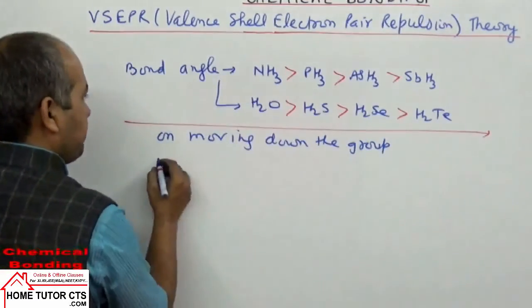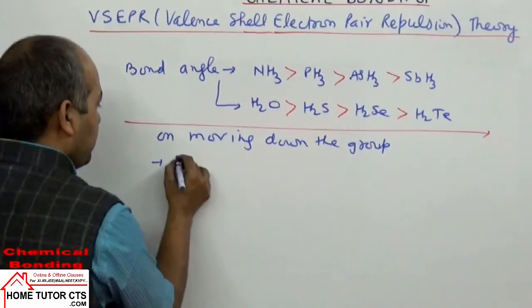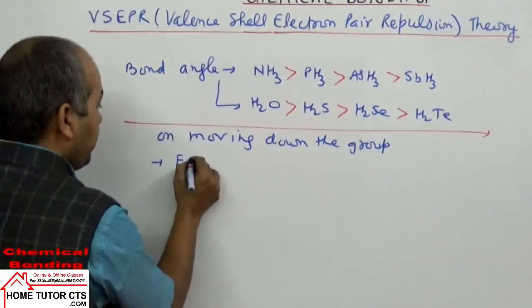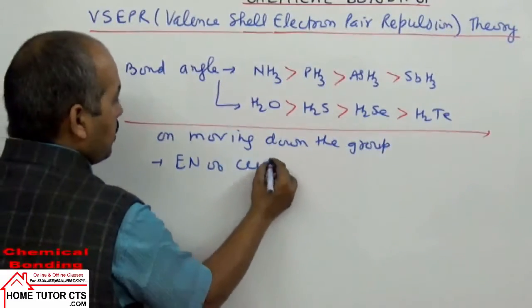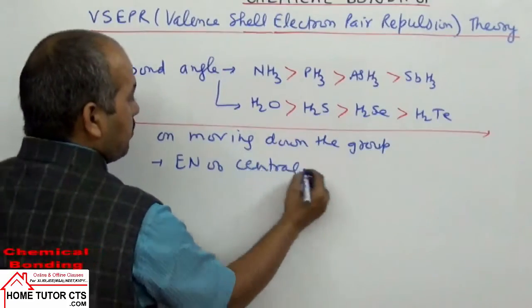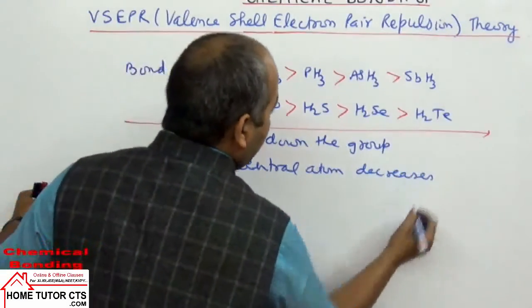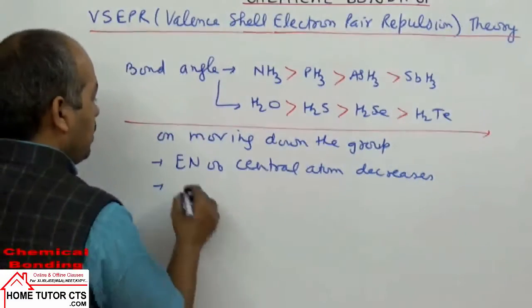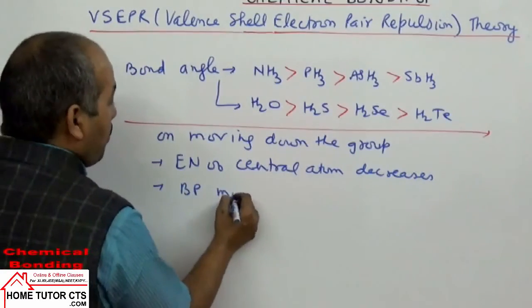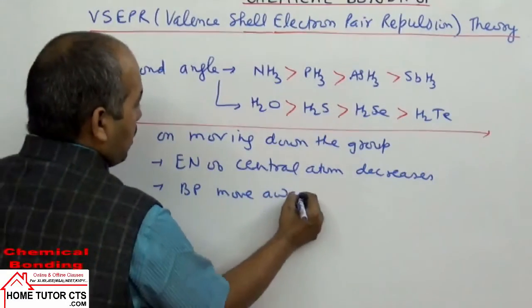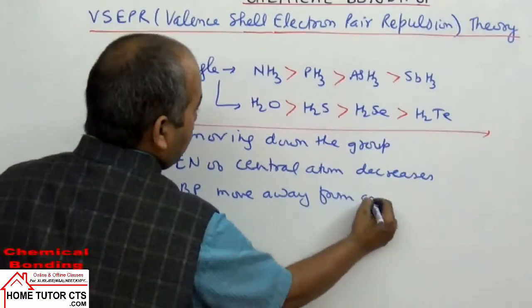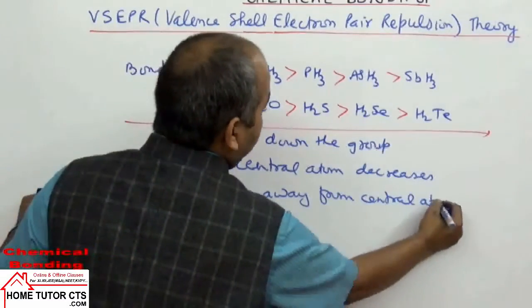Bond angles, see, the electronegativity of the central atom decreases. So what happens then? The bond pairs move away from the central atom.